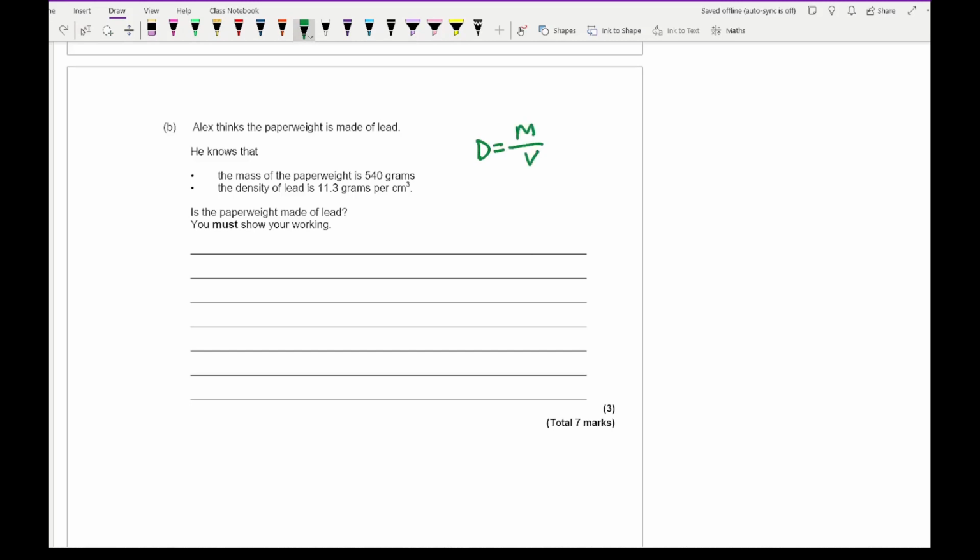So substituting numbers in, we've got 540 over the volume, and that all equals 11.3. So from this, I then get V equals 540 divided by 11.3.